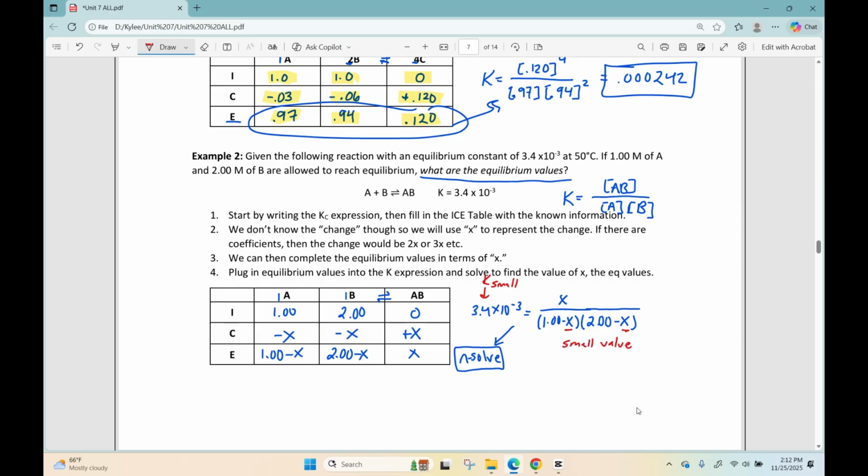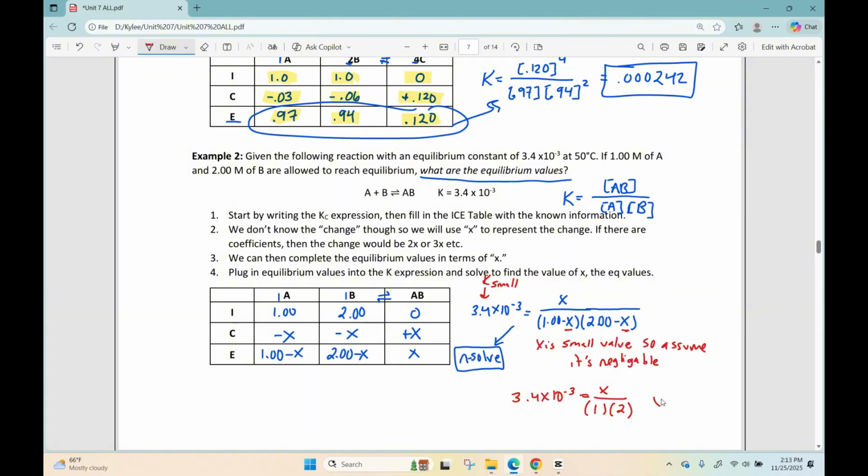If x is an extremely small value, then we can assume that it's negligible. So what that means is I can rewrite this as 3.4 times 10 to the negative third equals x over 1 times 2. That makes the math a whole lot easier to solve for my answer.